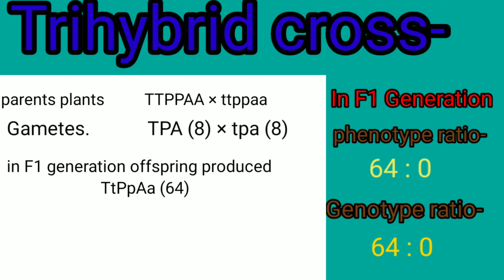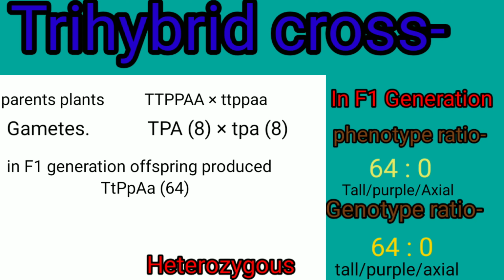The phenotypic ratio is 64:0. All these plants will be tall, purple, and axial in position, and the genotypic ratio is also 64:0, and all plants are going to be heterozygous for tall, purple, and axial.